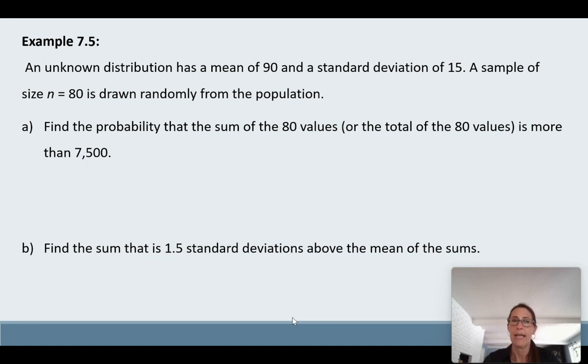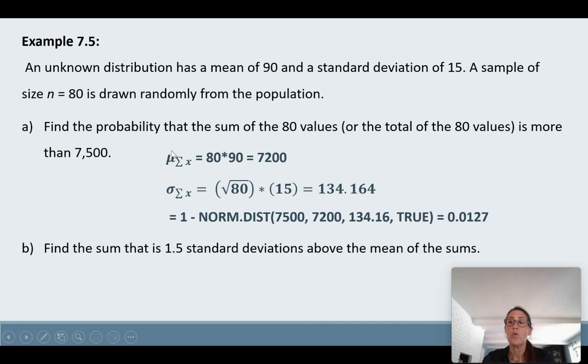So when you think about part A, the probability that the sum of the 80 values is more than 7,500, again, the central limit theorem tells us that these sample sums are going to be normally distributed. So we're going to use the normal distribution to figure out this probability. Our new mean is n times the original mean, so 80 times 90, 7,200.